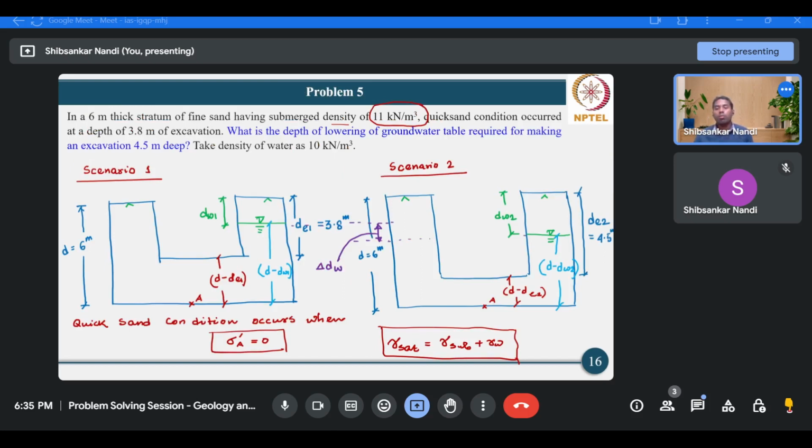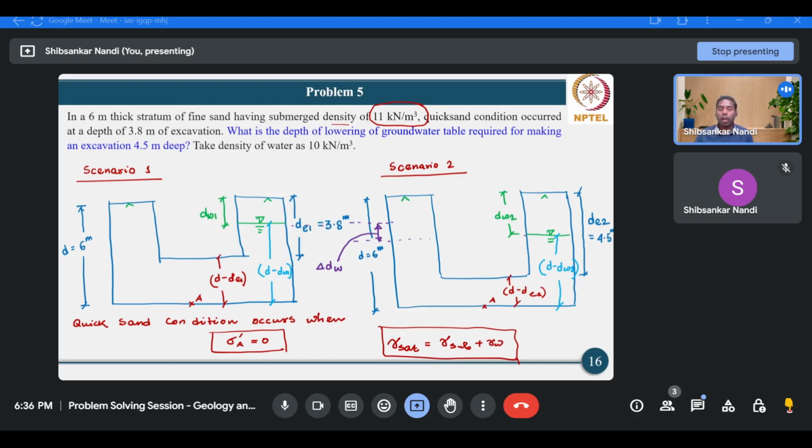In the first case, the depth of excavation reported was 3.8 meter when the quicksand condition occurred. However, we would like to make an excavation 4.5 meter deep. So what should be the depth of lowering of the groundwater table?